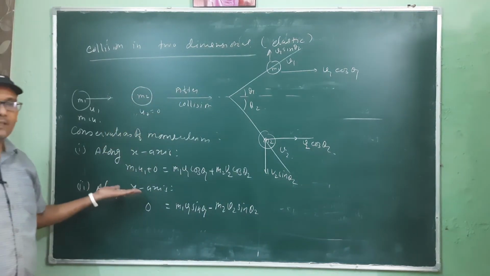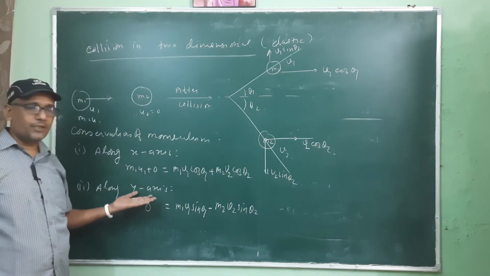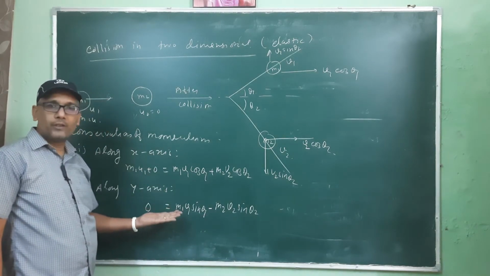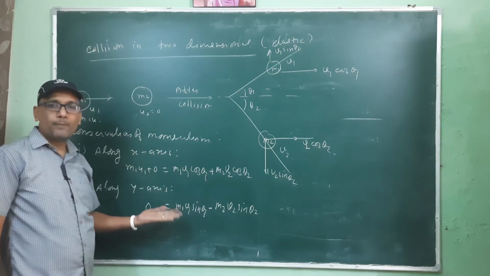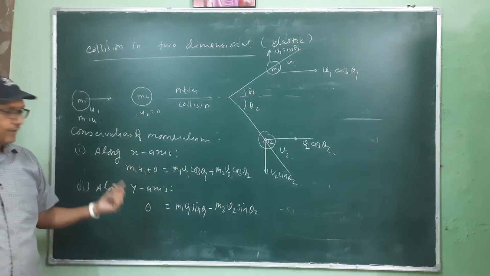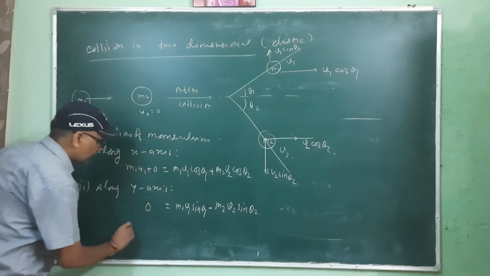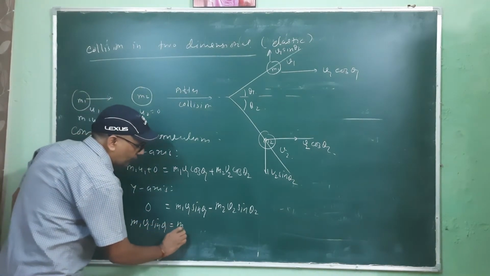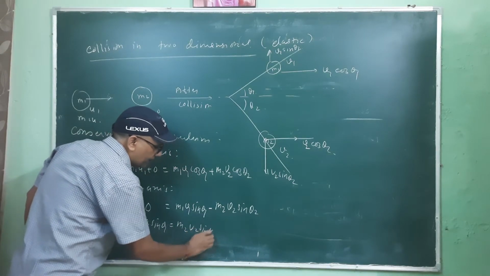So this is the conservation of momentum, and by using it we can solve for v1 and v2 separately. I am not going into the details of the mathematics, just the method of solving such two-dimensional problems. Here m1 v1 sin theta 1 equals m2 v2 sin theta 2.